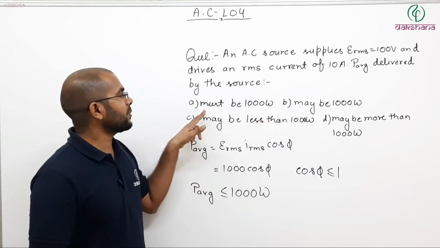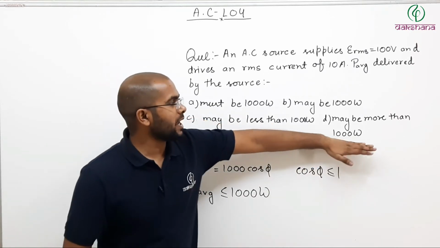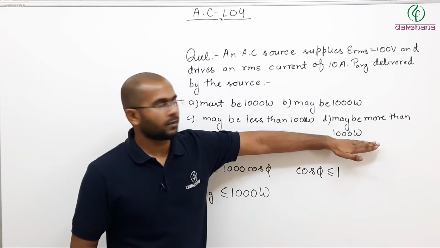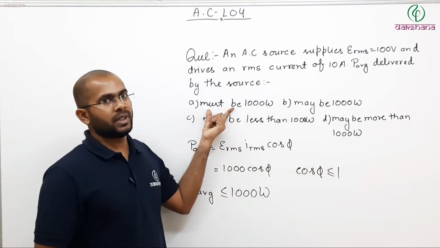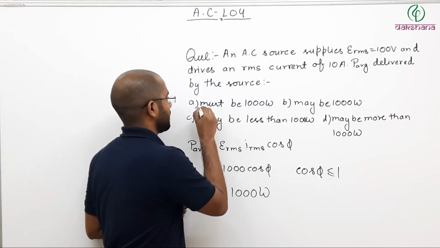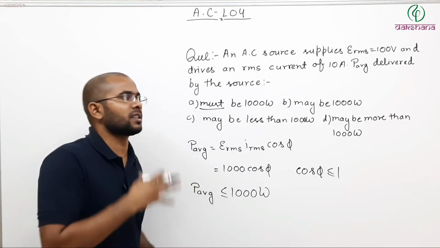So it can never be more than 1000 watt. Saying it must be 1000 watt is not correct, because it is not necessary. It will be 1000 watt only when there is only resistance.